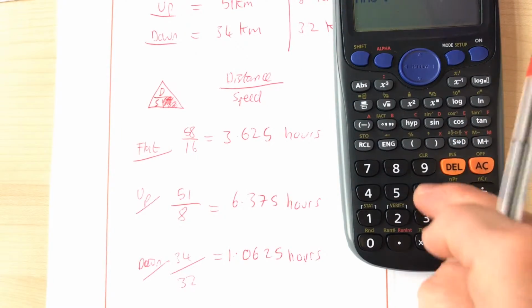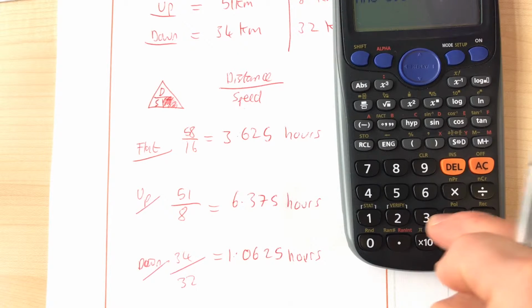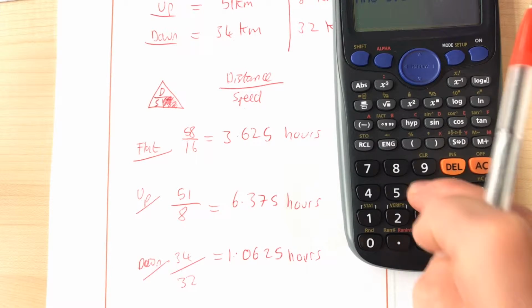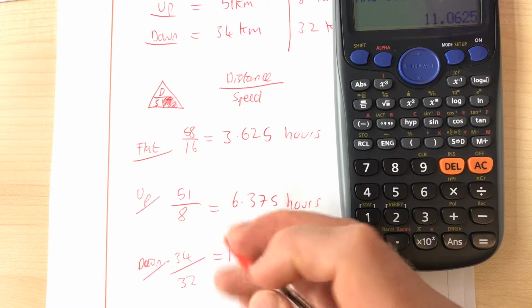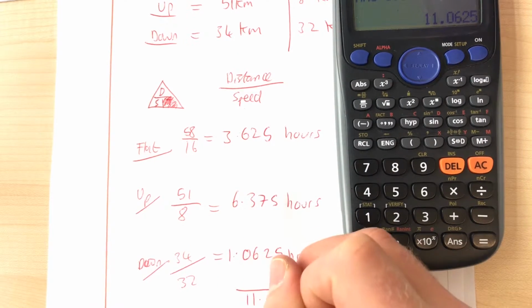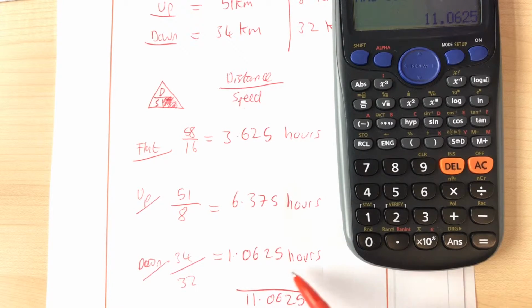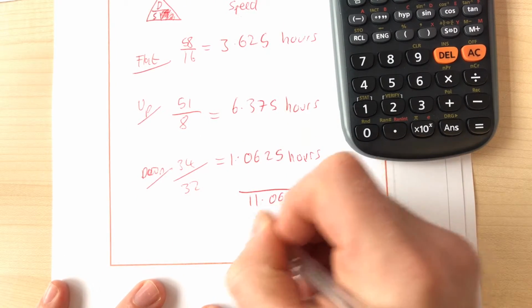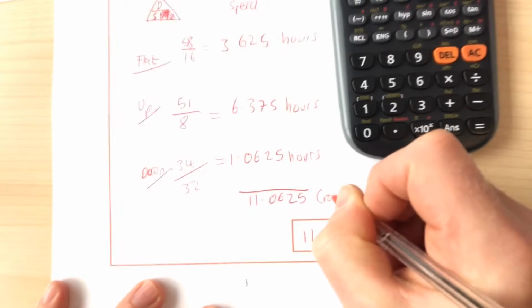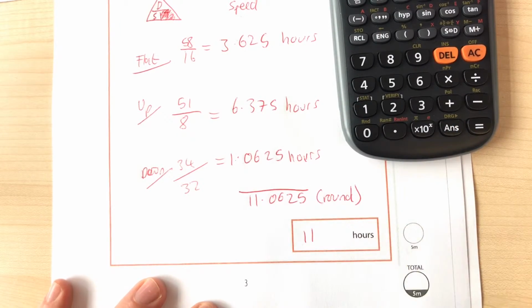So I'm going to add all my answers together, and it is going to give me the answer of 11.0625. Well, I'm going to round it to the nearest hour because it doesn't say hours and minutes at the bottom. So, little note there, make sure you round. It would actually be 11 hours.